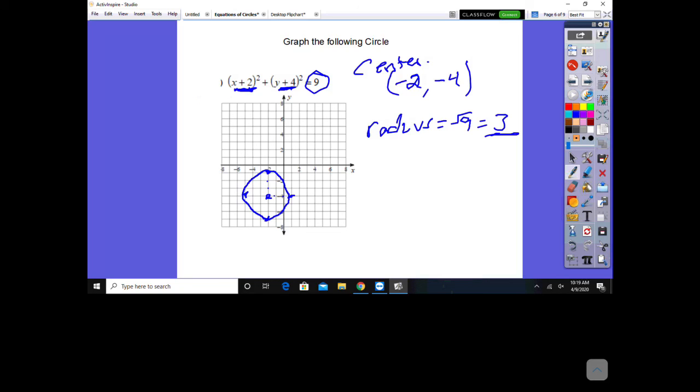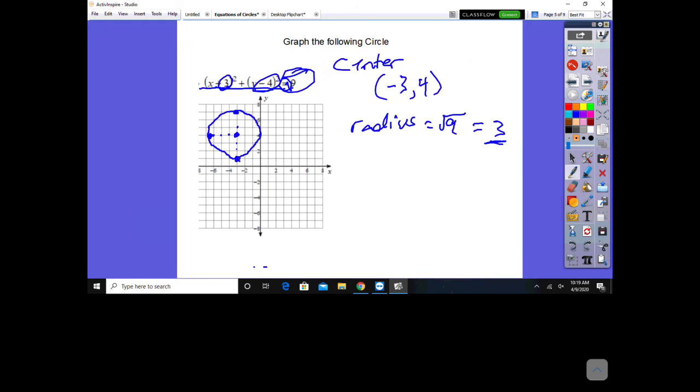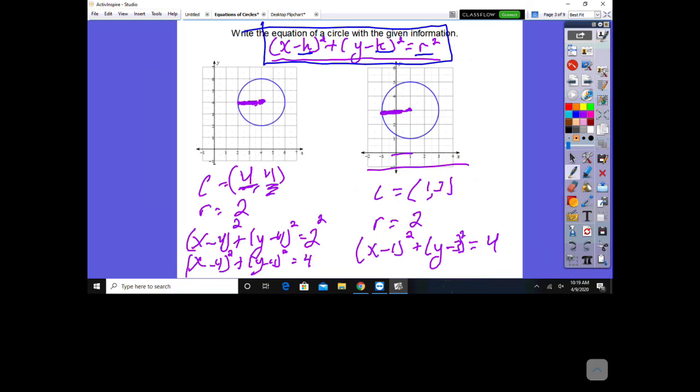Really, like I said, if you can remember this formula right here, this formula up here at the top, and what all those stand for, this should not be that difficult. So go ahead, give it a try, see what you can do. Have fun. Email me if you have any questions. Let me know.